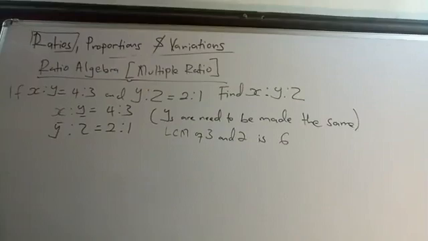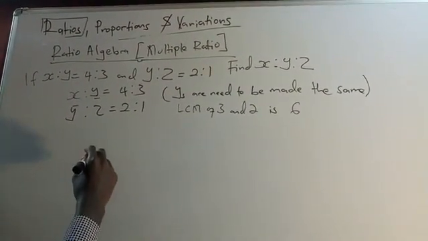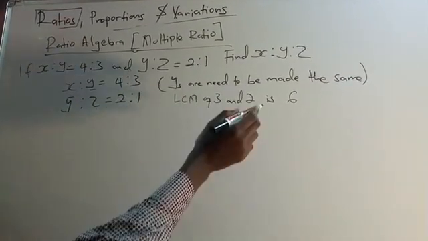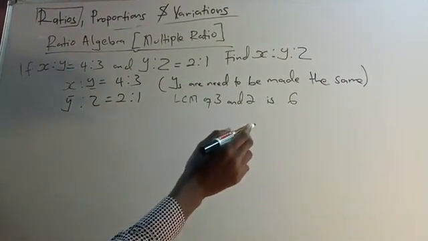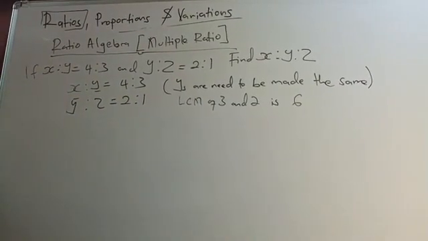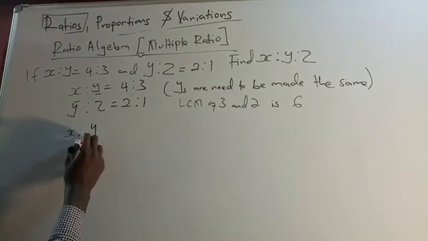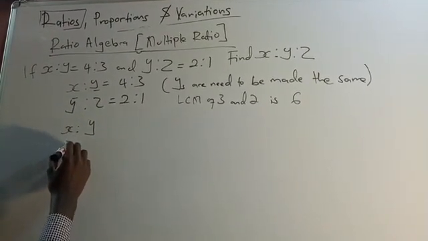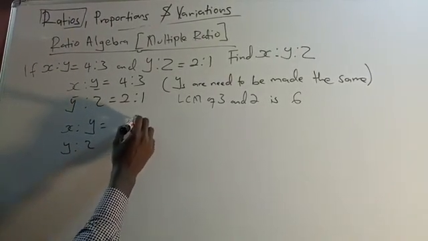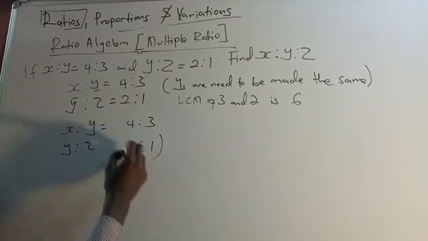So we need to make these y's equal to 6 because it is their LCM, meaning that x to y and y to z is 4 to 3, 2 to 1.